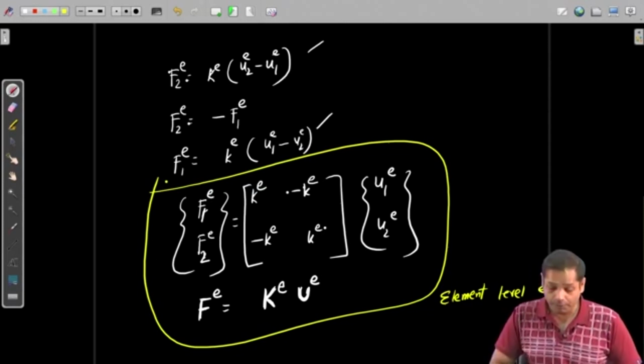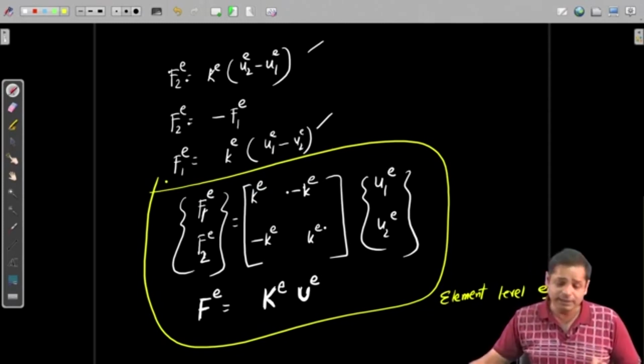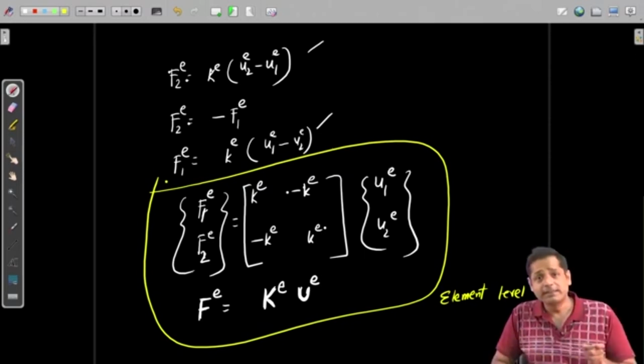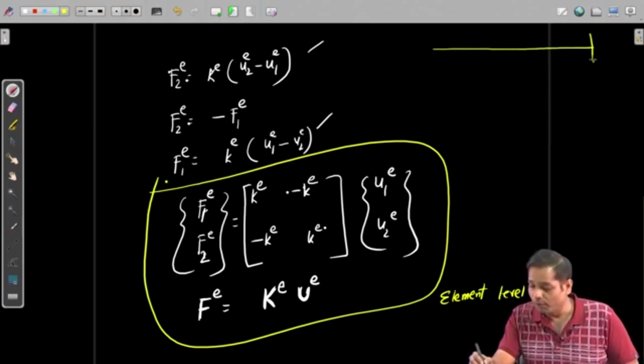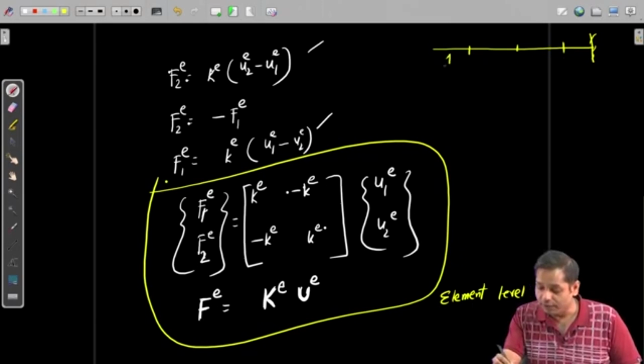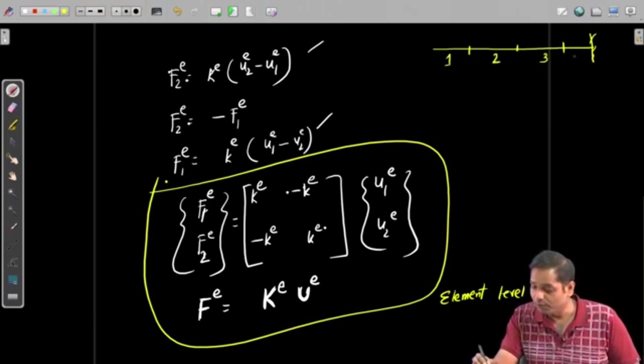and constitutive law. Now, we have several elements. For instance, if this is the problem once again, and I divide the problem into 4 parts, this is our element number 1, 2, 3, 4.